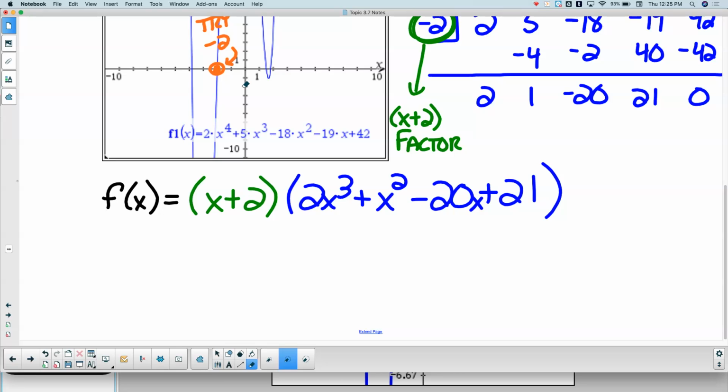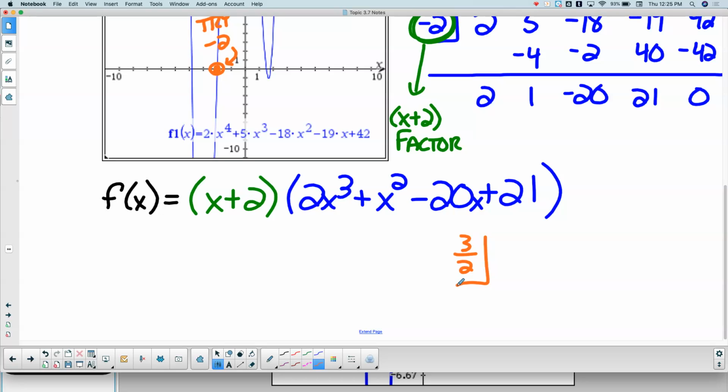Okay? So now let's try. We'll go into orange here. 3/2. What am I going to try 3/2 into? The first one? Does it matter? Yeah, it matters big time.